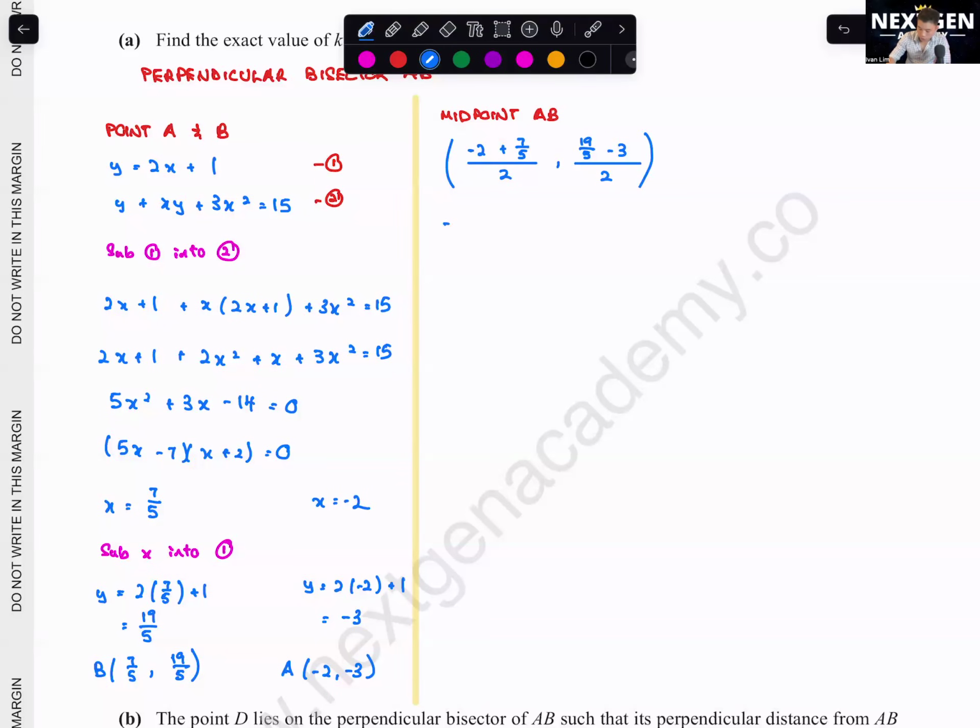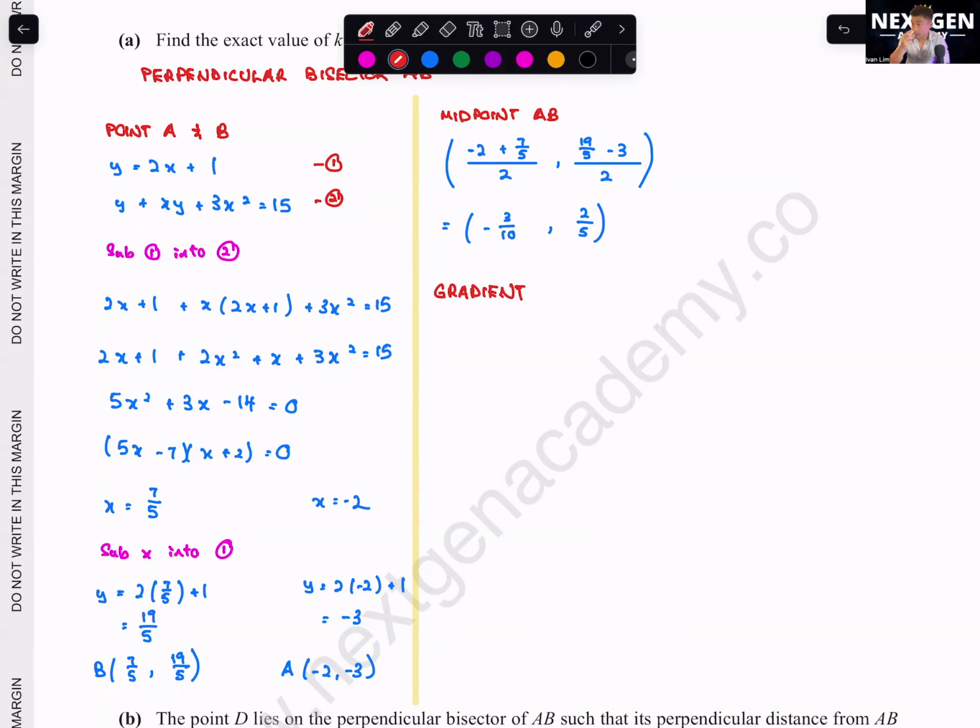Here we will get minus 3 over 10, 4 over 10. Okay, sorry, let's simplify this. This one will be 2 over 5.